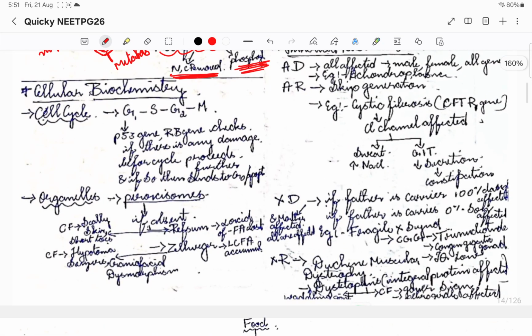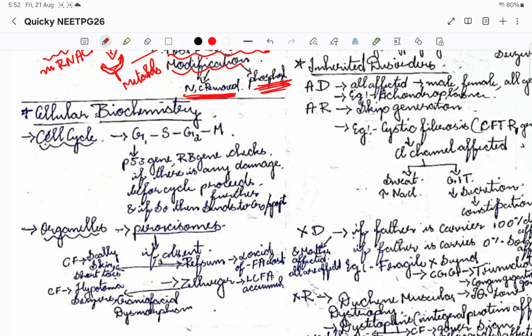Now moving on further, let us go to cellular biochemistry. The first topic will be the cell cycle. In cellular biochemistry, I'll tell you only what is very, very important and focus only on those things. In the cell cycle, they have asked zero questions, so you need not learn everything.